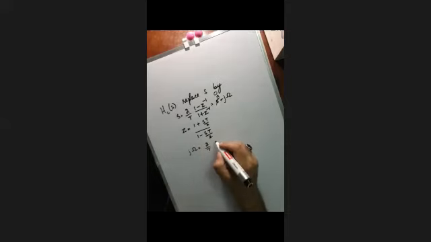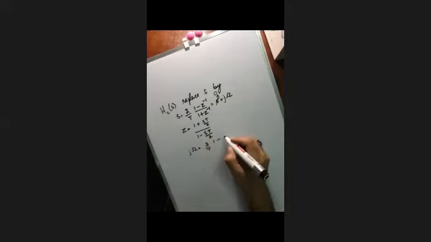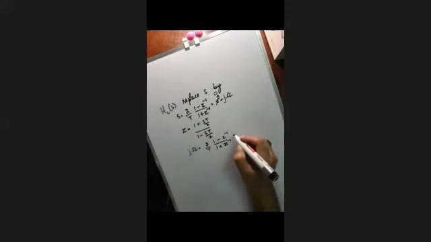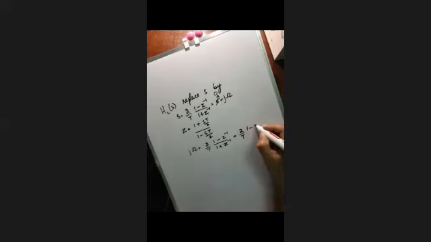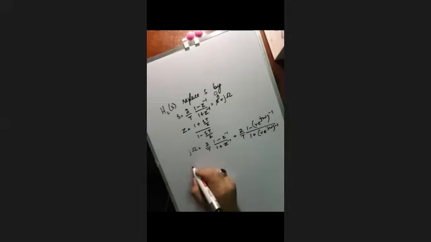2 over T into 1 minus z inverse over 1 plus z inverse. Okay, where z can also be replaced as r e raised to the power j omega.